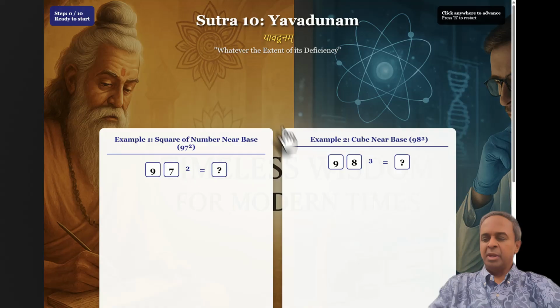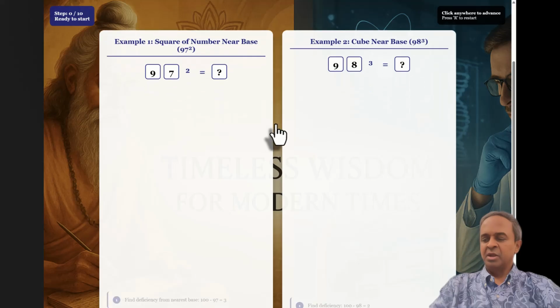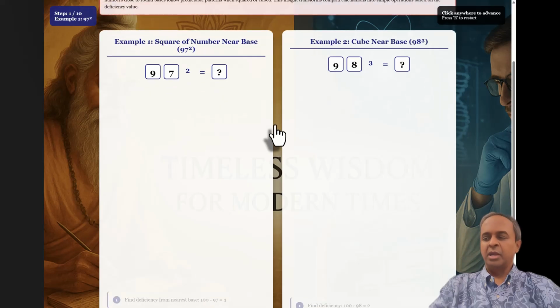Again, Yavadunam teaches us that the extent of a number's deficiency from a convenient base provides the key to efficient calculations, whether squaring or cubing. This method applies to both, transforming complex arithmetic into simple operations based on deficiency patterns.